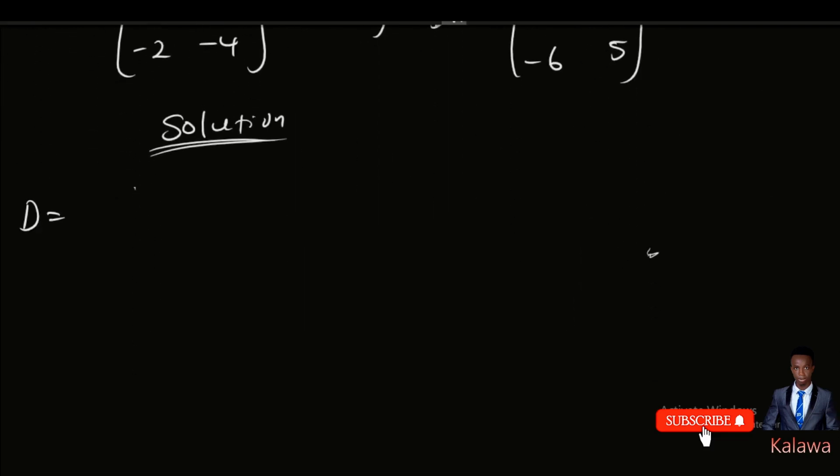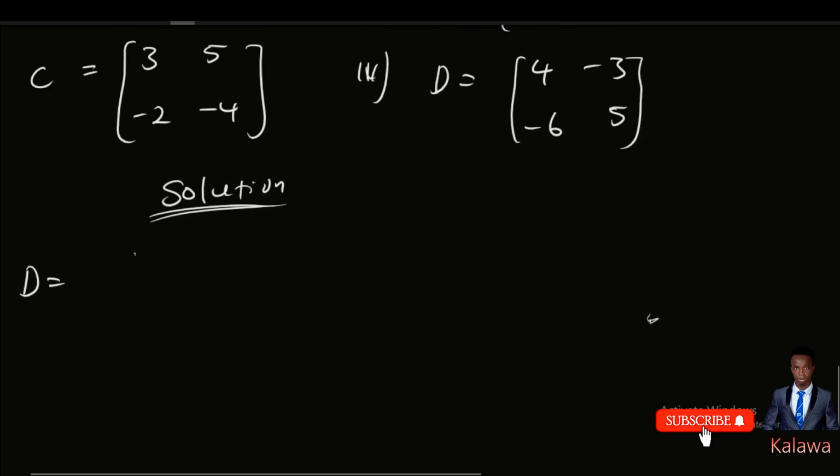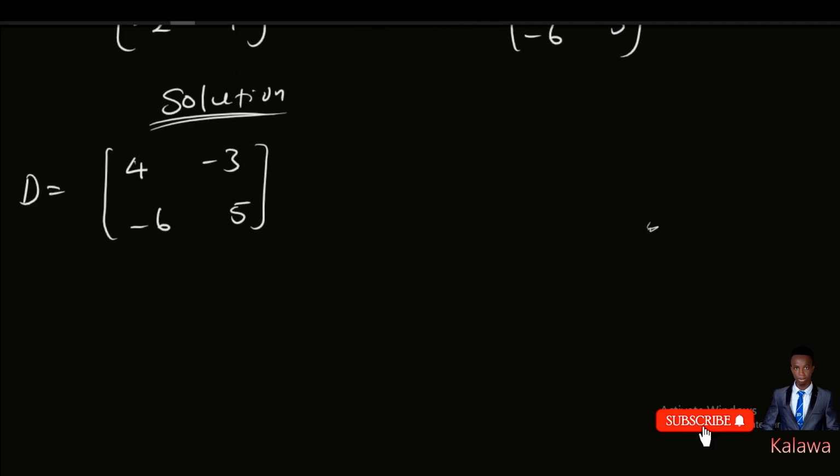Okay, so let me start with D. Matrix D, the elements are 4, minus 3, minus 6, and 5, and this is a 2 by 2 matrix. Remember, in order to find the inverse of a 2 by 2 matrix, let's indicate the formula.